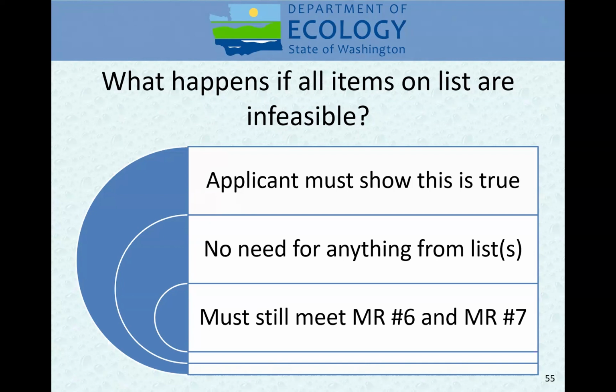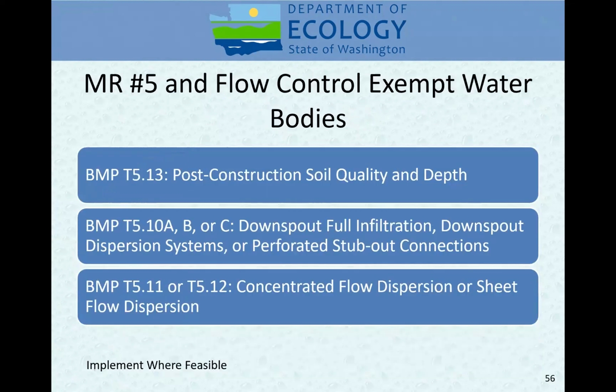So if you have to do permeable pavement and bioretention for your list option, you need to go back and look at the LID performance standard. If these things are feasible under the list, they're probably available to you under the performance standard.